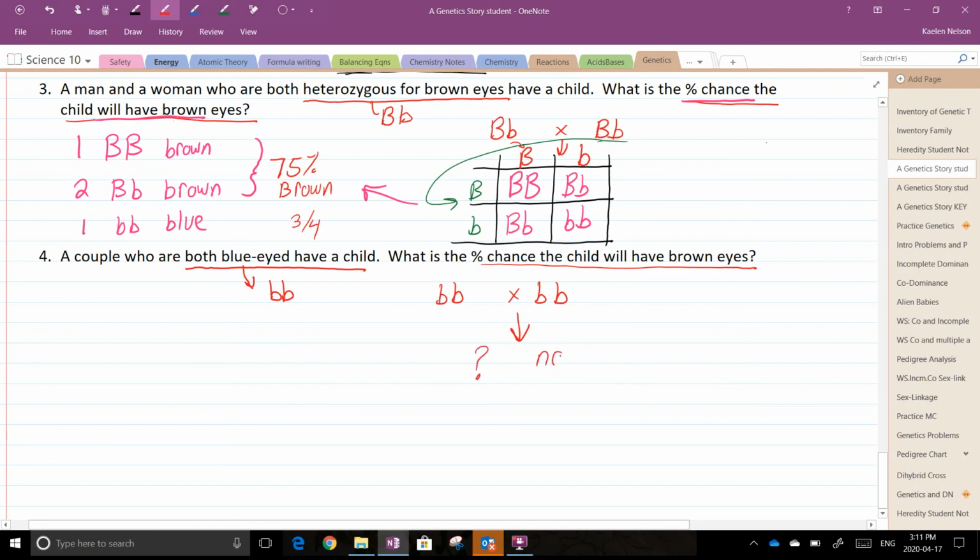There is no big B allele. That's our brown. Therefore, it's a 0% chance that this blue-eyed couple will have a baby with brown eyes.